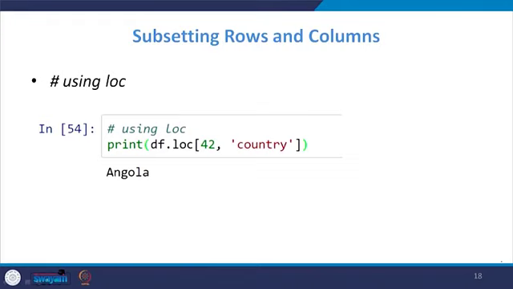So far we have seen subsetting only rows and columns. Now we are going to subset rows and columns simultaneously. For example, using the loc command. So if you type print df dot loc 42 comma country, we can check in the 42nd label in the country column what the cell value is. That cell value is Angola.